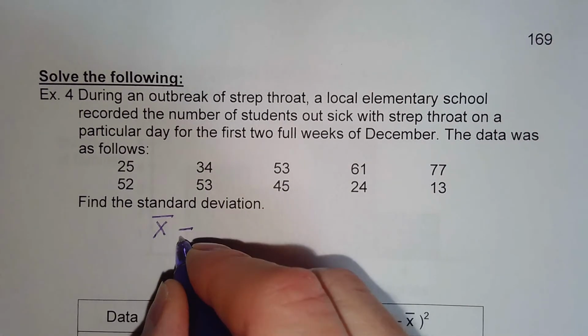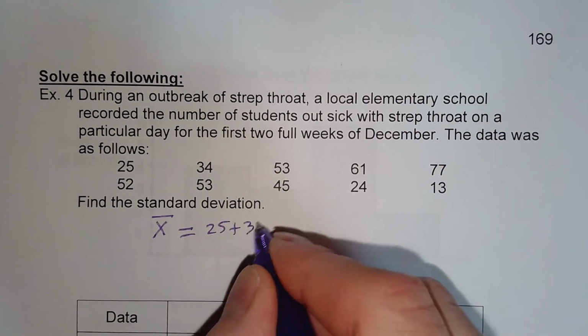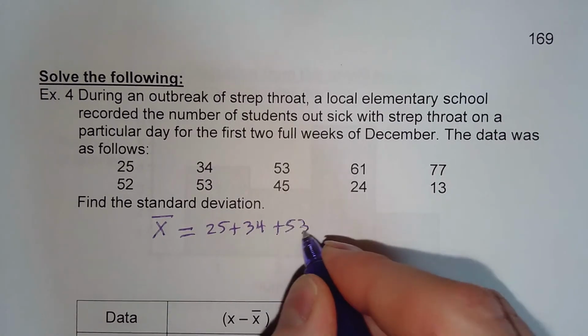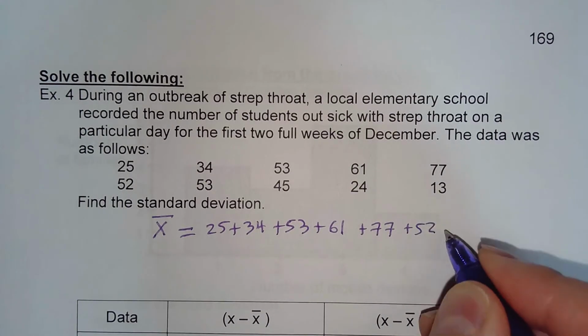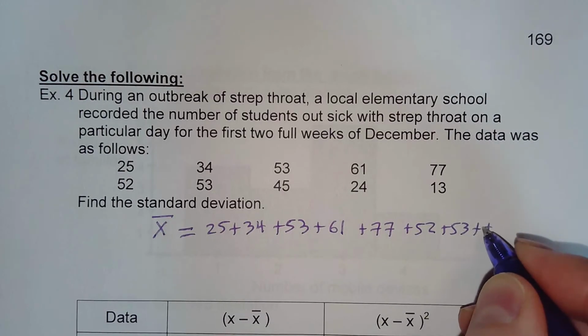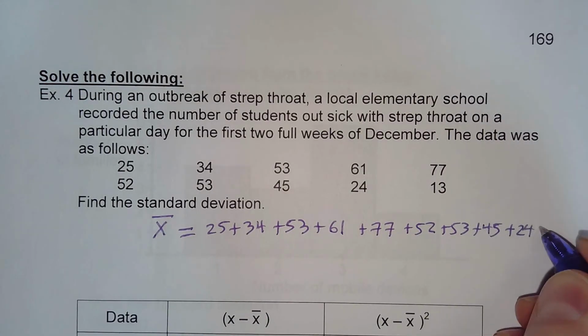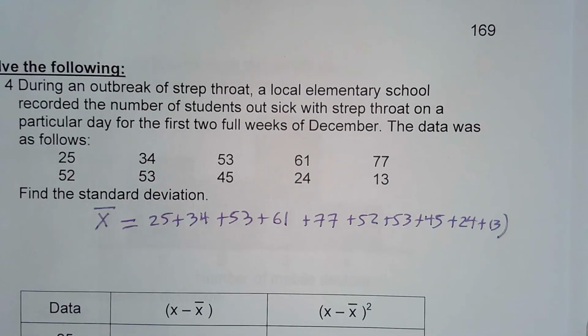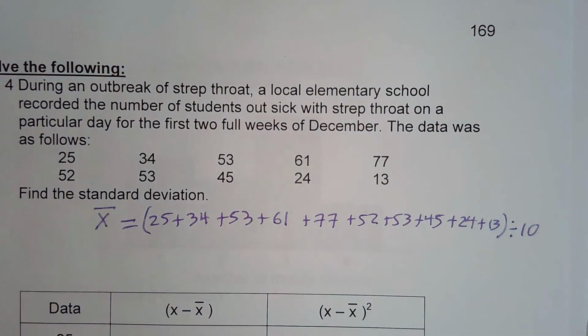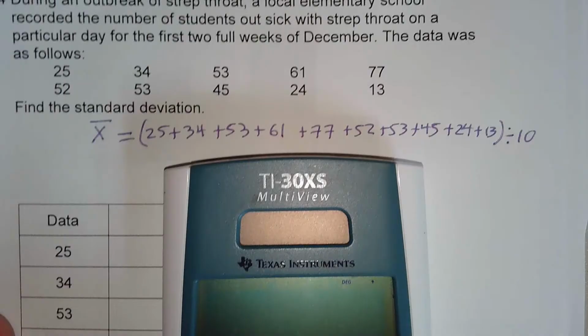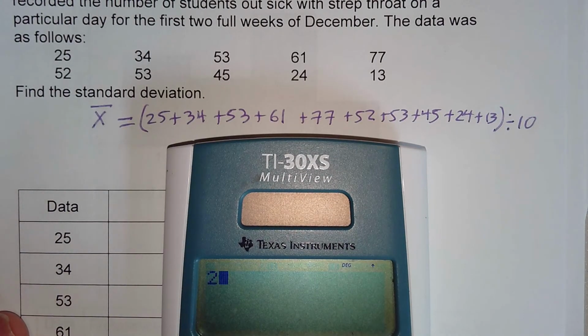Well, we have to find the mean first, so we're going to have to add up all 10 of these numbers and divide by 10. So I'm just going to grab my calculator and start adding these numbers up.